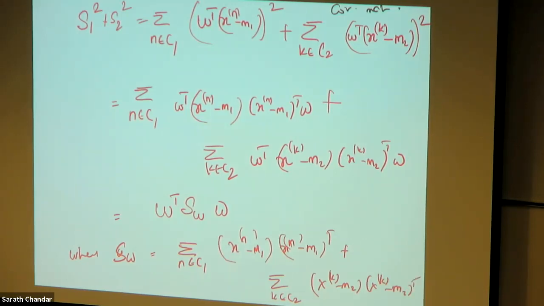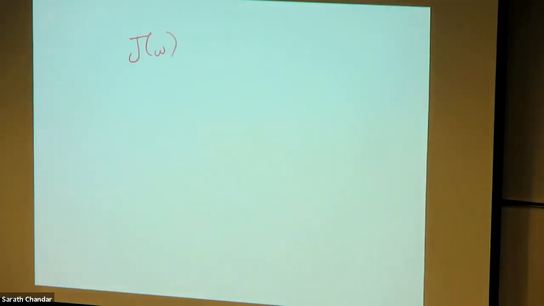I took all these summation terms and put them as one notation so that it is easy for us to see the whole thing in one equation. So now the whole thing can be rewritten as w transpose SB w divided by w transpose SW w.